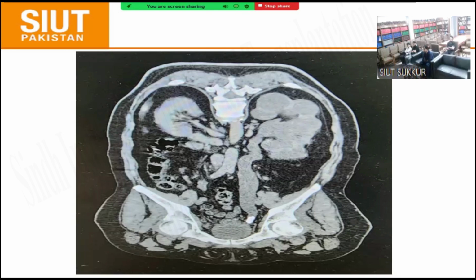Dr. Uzma. Right kidney is normal. Comment on the left kidney. Grossly hydronephrotic and multiple cysts.